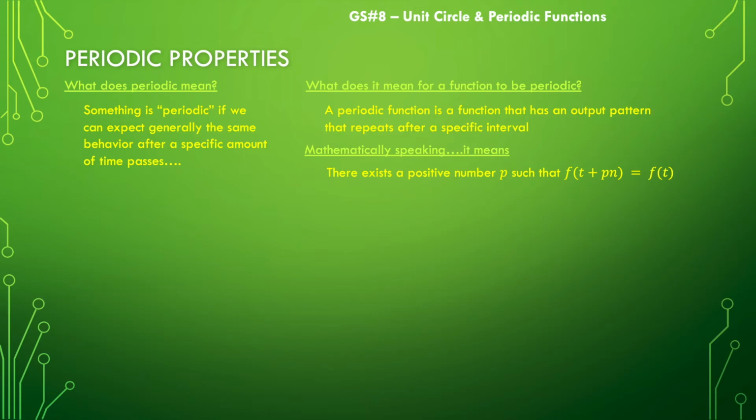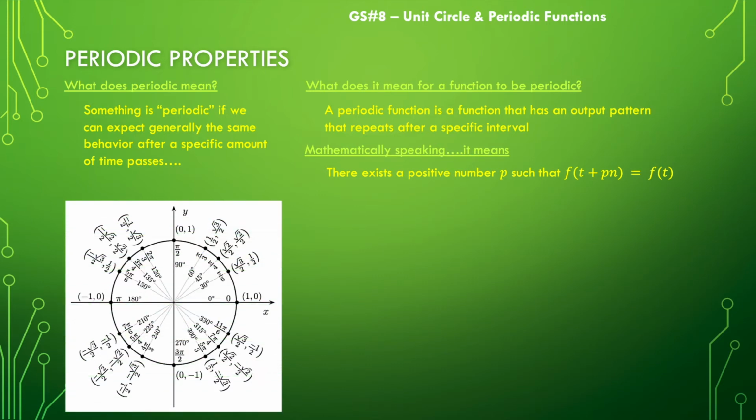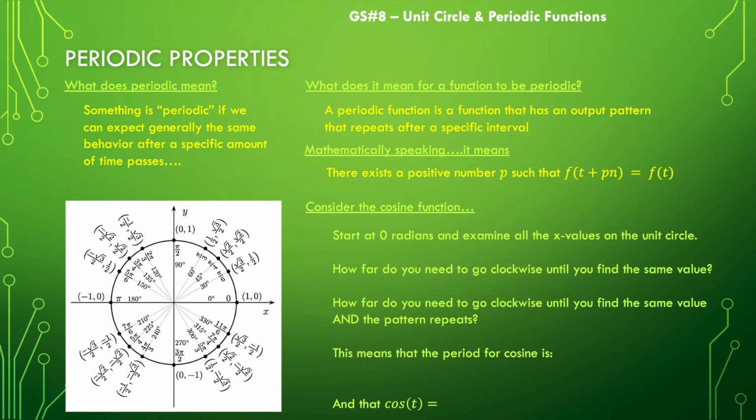Okay, so we see some patterns like that existing on the unit circle. And we're going to focus our attention on the cosine function for a second. So think about if we were to start at 0 radians. Here's 0 radians. We're going to look at all of the x values that go with these angle measures, so we're going to focus on the coordinate and specifically on the x values here.